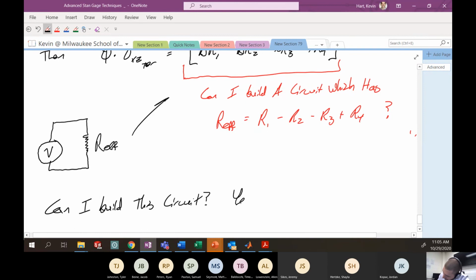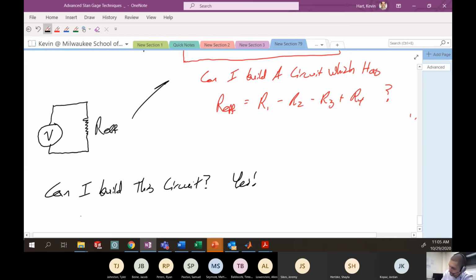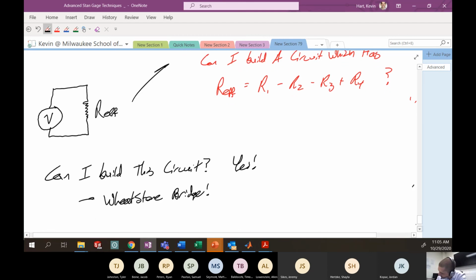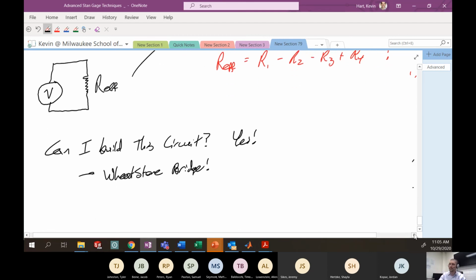And obviously the answer is yes. Otherwise, I wouldn't be talking about this. The answer is yes. And that circuit that you're going to build is called a Wheatstone Bridge. Okay. And the Wheatstone Bridge looks like this.